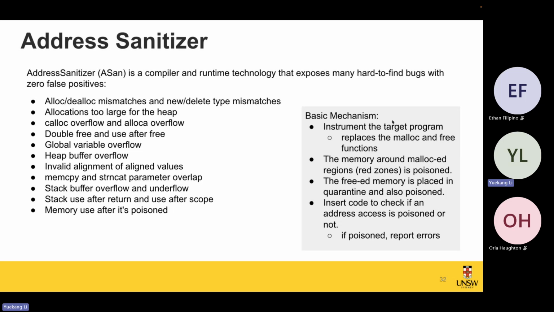What AddressSanitizer does is it replaces the default malloc and free so that the memory addresses near the allocated memory are marked as red zones, or dangerous zones. Once these dangerous zones are written or read by the program, it can be detected.